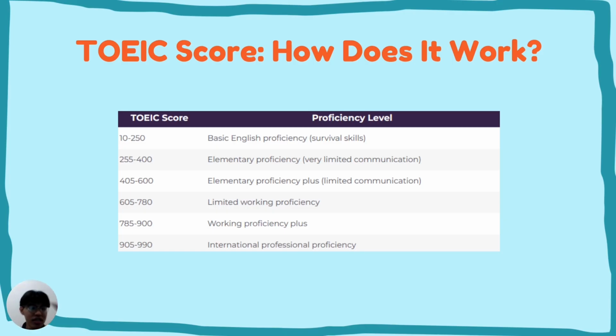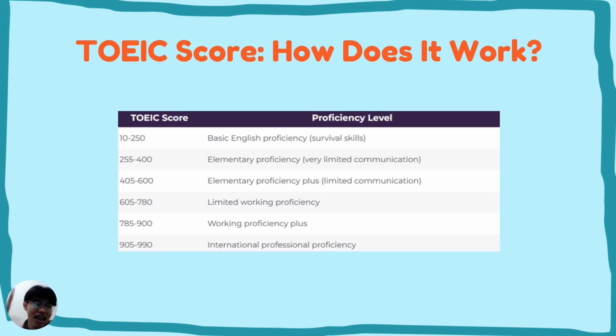And for 605 to 780, limited working proficiency is so-so. You can talk, but just like me, the way I'm speaking right now, it's very limited.